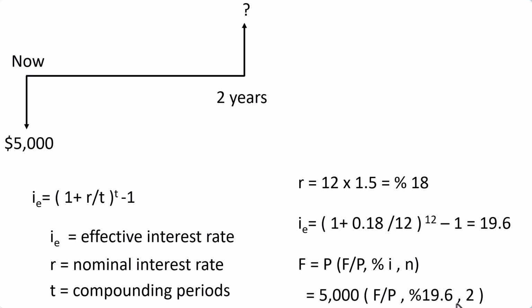And then the number of periods is my time horizon. I have now calculated the interest rate for 1 year, and I want this formula to give me the value after 2 years, so N equals 2. So this is my correct answer.